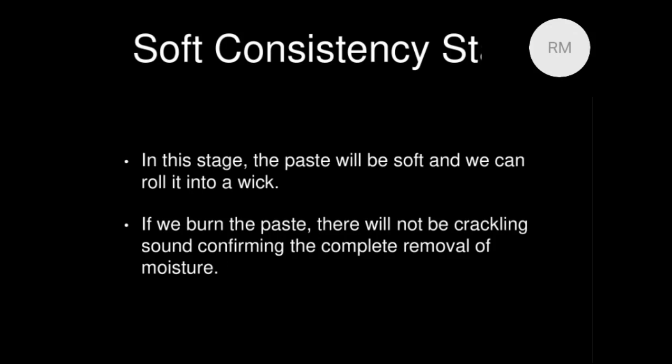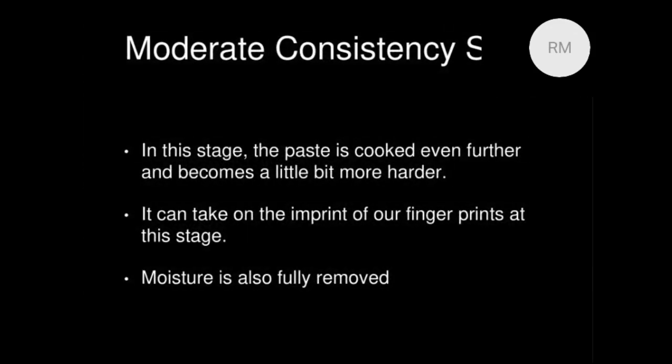Okay, so then we go on to the next stage, which is the moderate consistency stage. So in this stage, the paste gets cooked even further and it becomes a little bit more harder. And at this stage, if you take it and roll it in your fingers, you can see that the fingerprints will get impressed on this paste. And again, in this stage, moisture is fully removed.